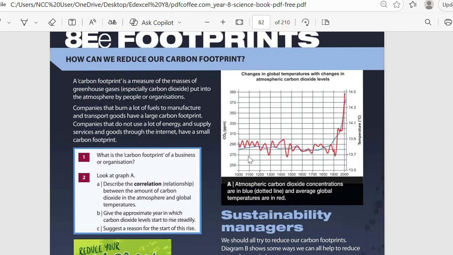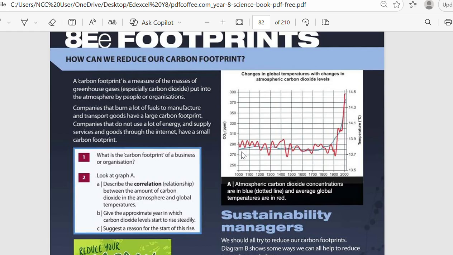Temperature doesn't have any kind of effect on the carbon dioxide emitted, but the carbon dioxide emitted has an effect on the global temperature, right?